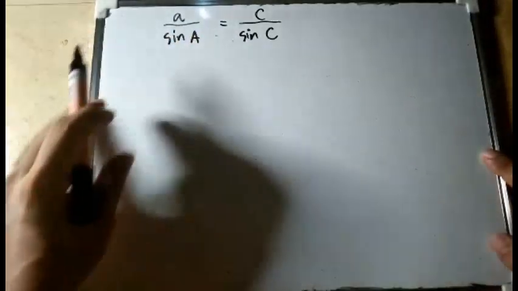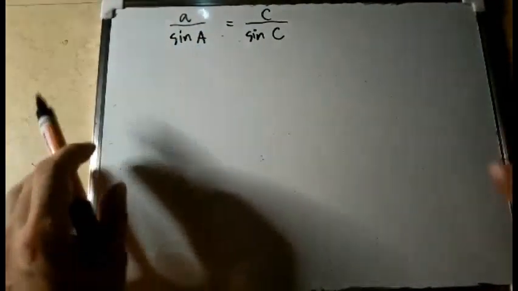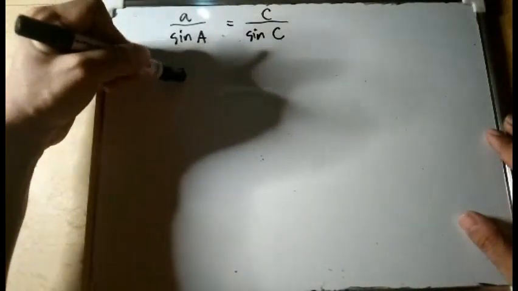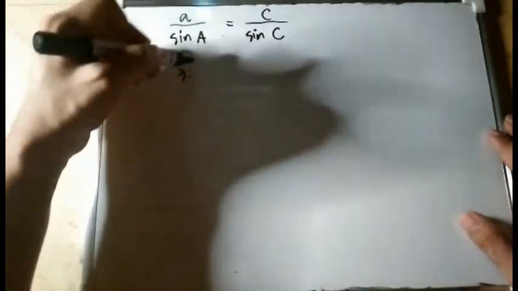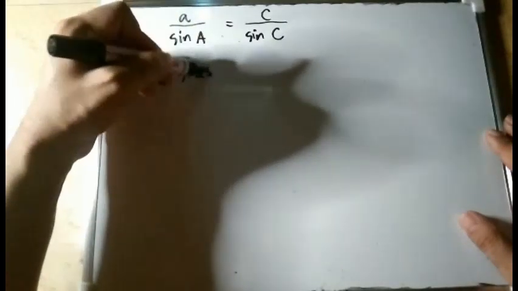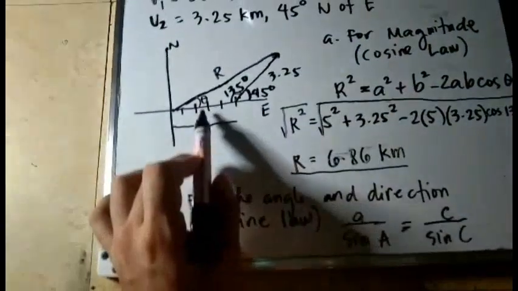Okay? So, we will use sine law. A over sine A is equal to C over sine C. Okay, yung A and C natin dyan na malaki, yung naka all caps is angle yan, okay? So kanina, yung A natin dun is 3.25, di ba? Then yung opposite angle niya is yung hinahanap natin, yung theta.